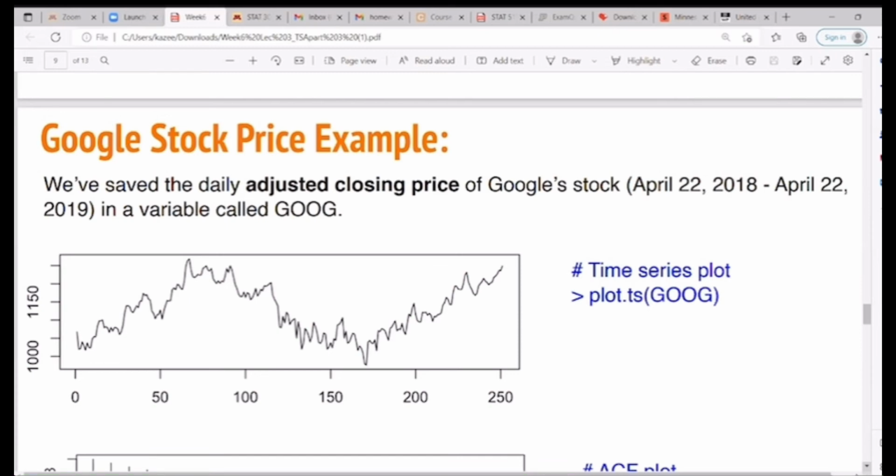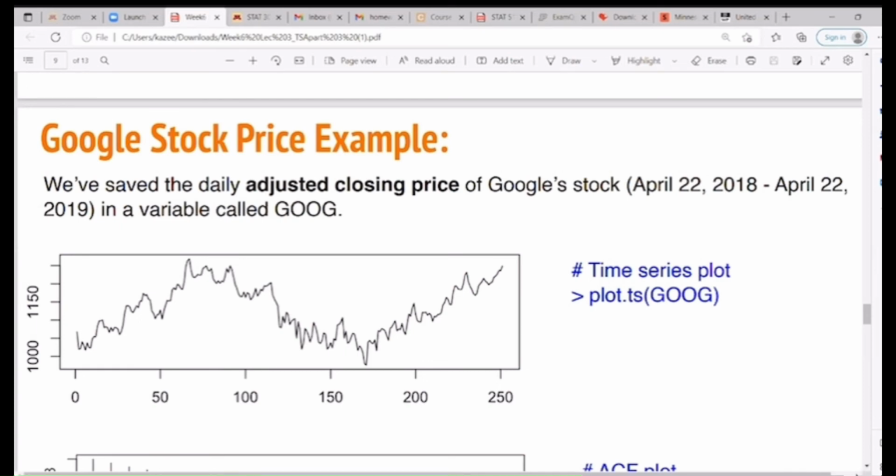And of course, I want to use a real life practical situation now: the Google stock price example. This is the daily adjusted closing price of Google stock. The data set that we want to use here spans April 22, 2018 to April 22, 2019.